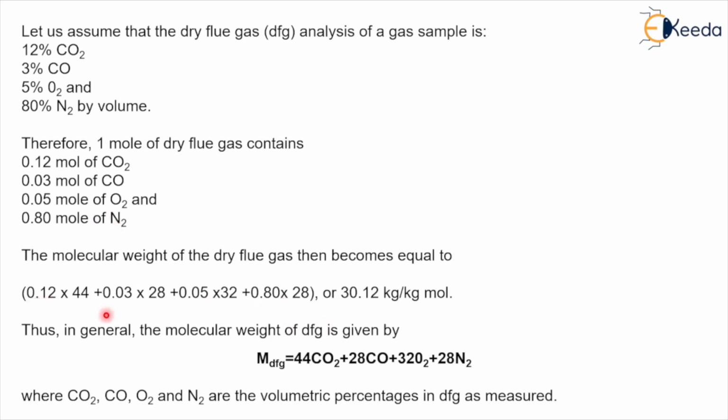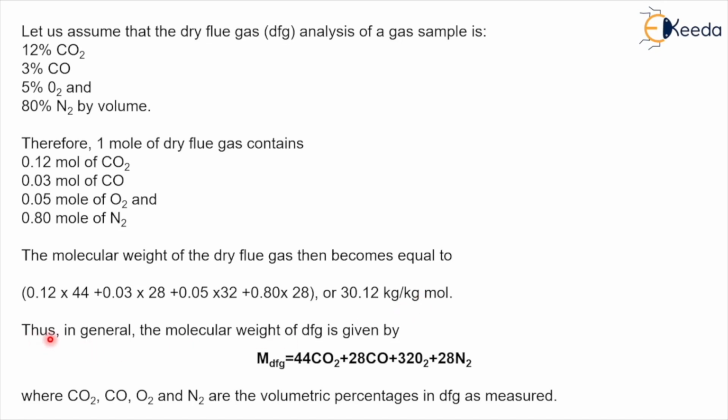Solving this, I get 30.12 kg per kg mole. That means 30.12 kg of dry flue gas per kg of fuel. This is the molecular weight of dry flue gas.